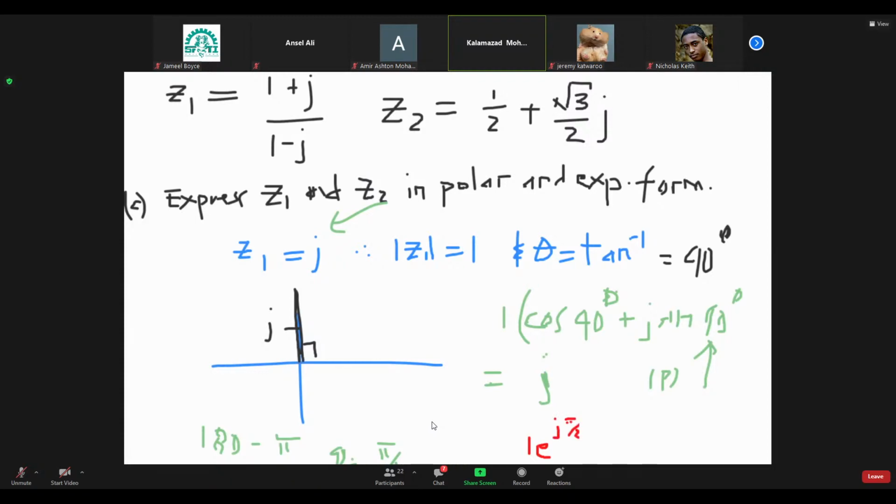There's no need to work it out. So that's polar form and exponent form. Do the next part: put Z2 in polar form and exponent form. I'll give you a few minutes to work that out.